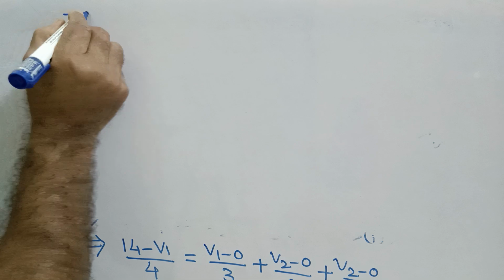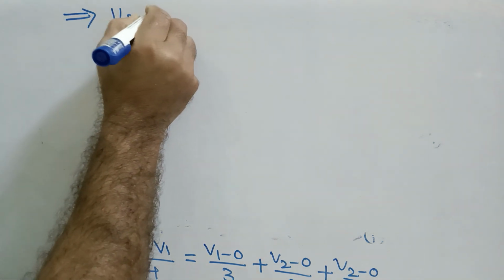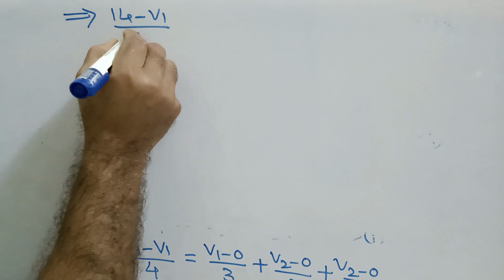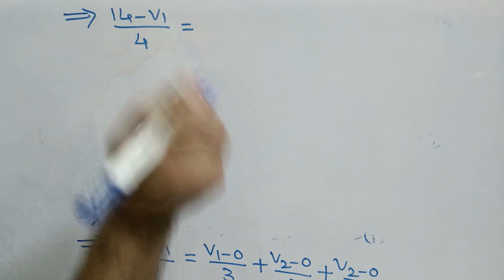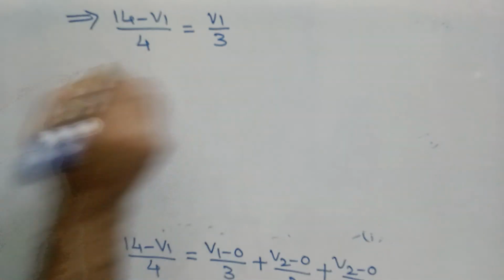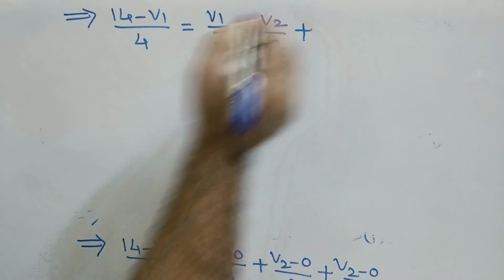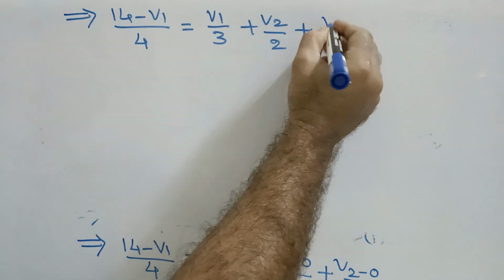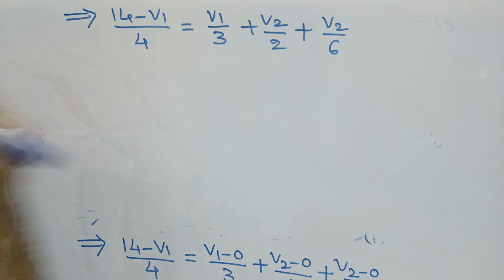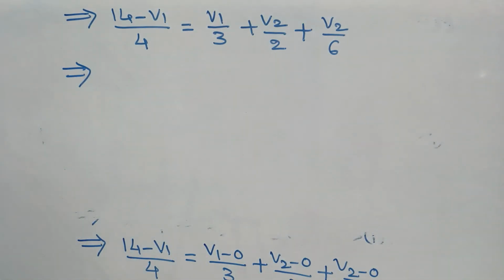This implies it is 14 minus V1 by how much? It is 4. This is equal to, simply this can be written as V1 by 3, right? V2 by 2, is it not? V2 by 2 plus V2 by 6. Clear? And further simplify this actually.